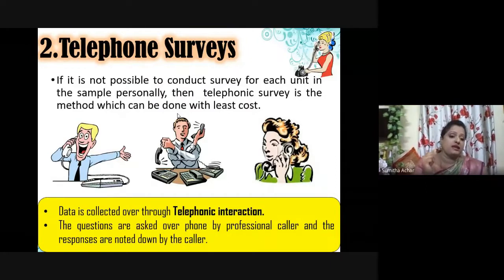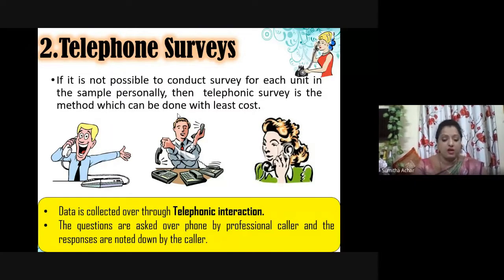When you are calling the respondent for feedback, you do not have clarity whether the actual respondent is giving you the answers or not. Sometimes there can also be cases where you may not get connected to the respondent. There can also be cases where the respondent may not entertain you to give valuable feedback. So these are all the drawbacks of the telephonic survey.